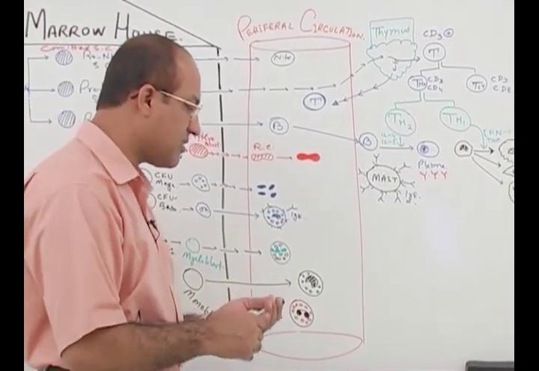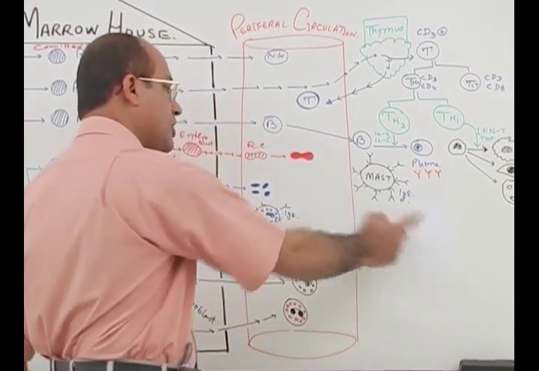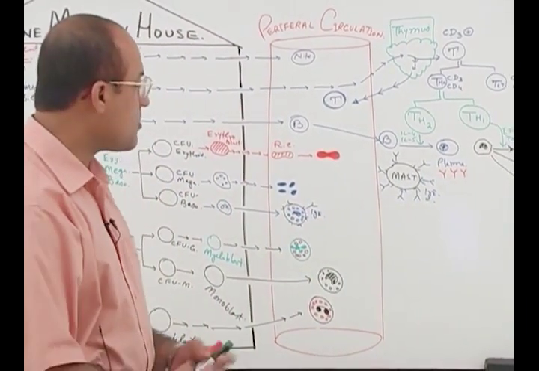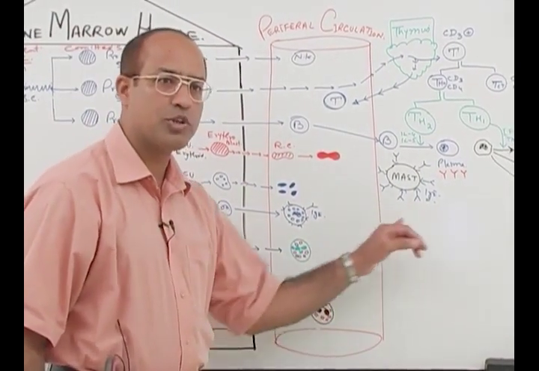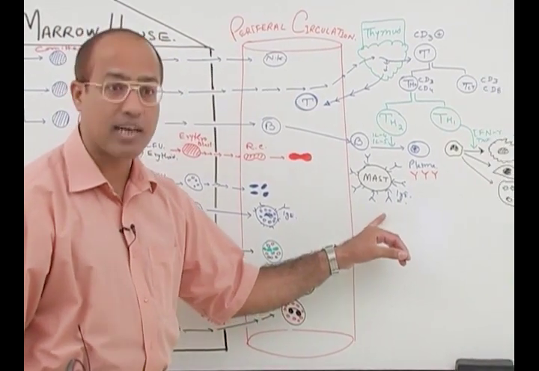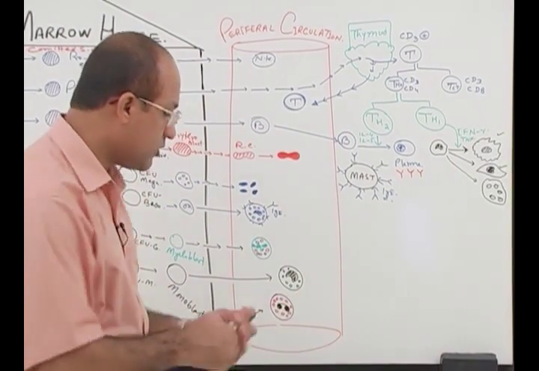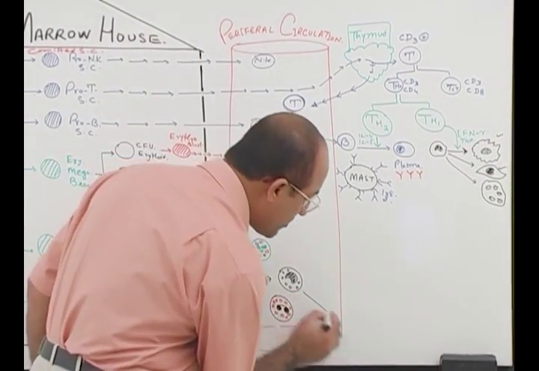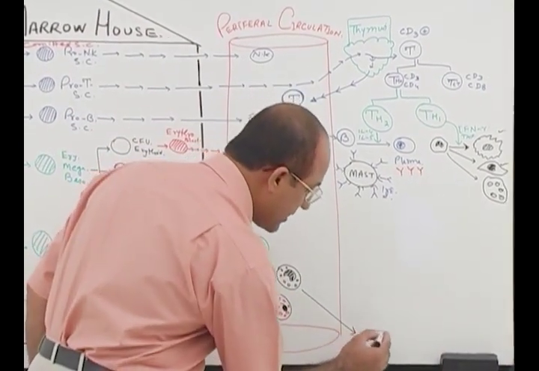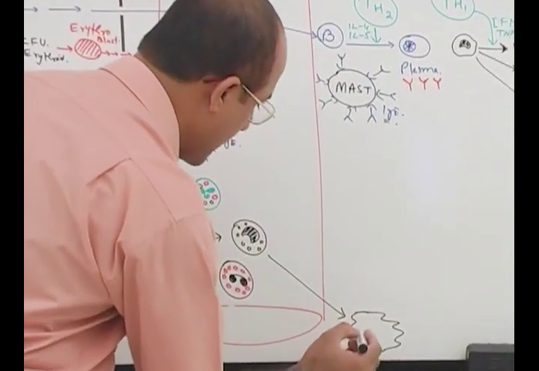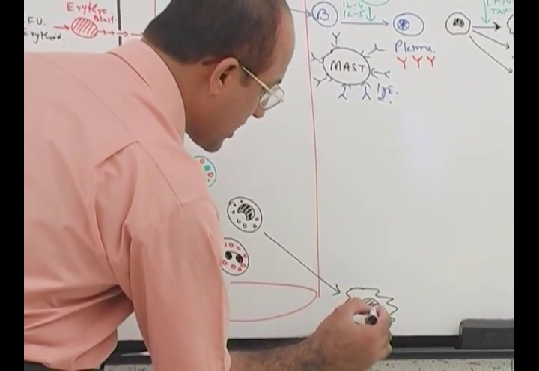Under what circumstances do monocytes shift to the tissues? Number one, some of the monocytes shift to the tissue under normal physiological conditions. And there are other monocytes which shift to the tissue only when there is inflammation, right? And then these are called inflammatory macrophages.